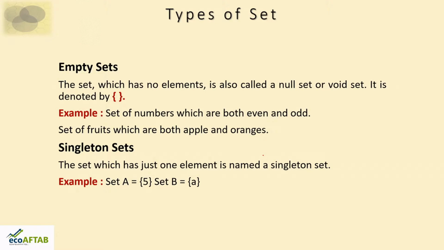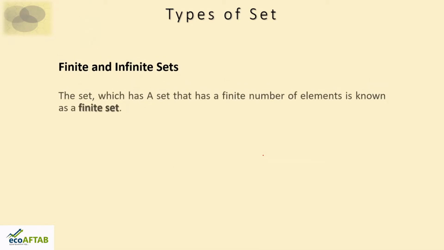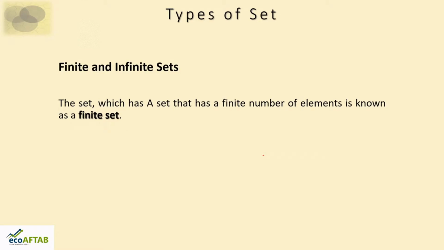Moving ahead, having understood empty set and singleton set, the next one is finite and infinite sets. A set that has a finite number of elements is known as a finite set. Here we are speaking about a finite number of elements.